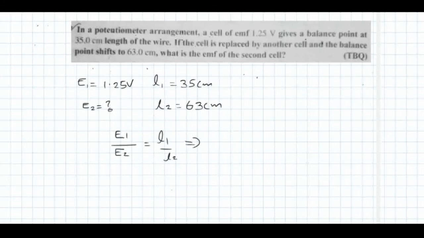Again, for smooth solving of this problem, you should go through the application of potentiometer for the comparison of EMF of two cells. Here the only unknown quantity is E2. All other quantities are given. So 1.25 by E2 is equal to 35 divided by 63, and on solving we get the value of E2.